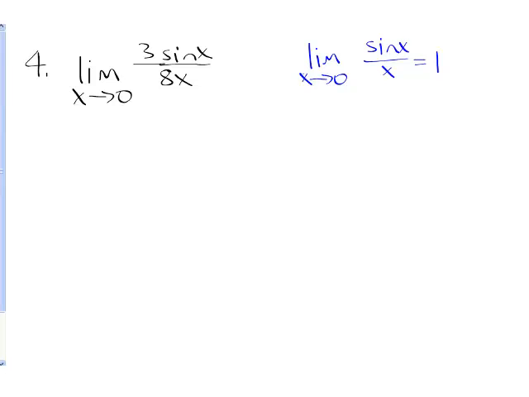One of the handiest pieces of information that we can use with calculus is that almost every time you have a constant going around inside your calculus problem, you can almost always put it to the front without having to worry about anything. So we could say that this is 3/8 times the limit as x approaches 0 of sine x over x.